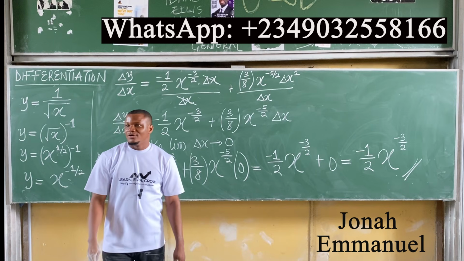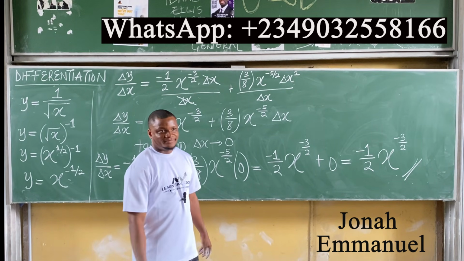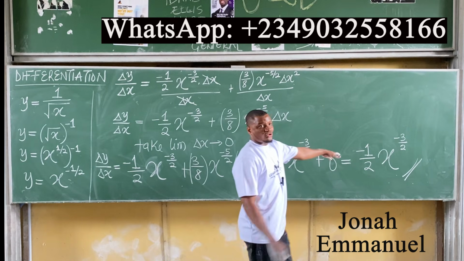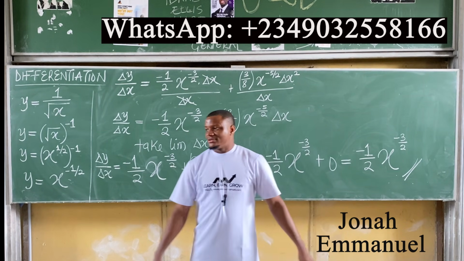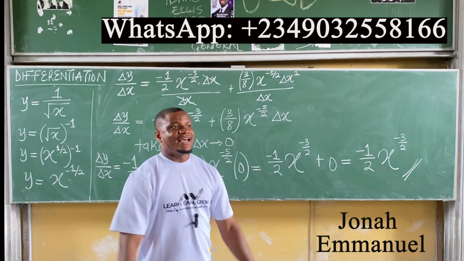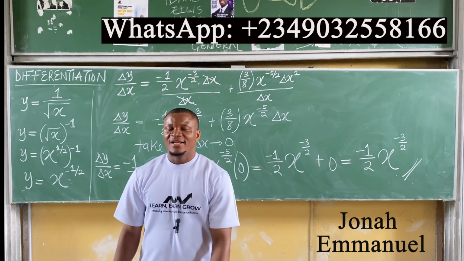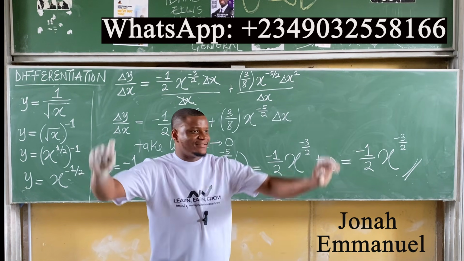When you use the general method, it's correct. Well, you can choose to simplify if you want to. You can start putting back the square root, but you have this answer. So yes, it's correct. So basically, this is the answer to the question. Is it difficult? No. What's the problem? Lengthy.